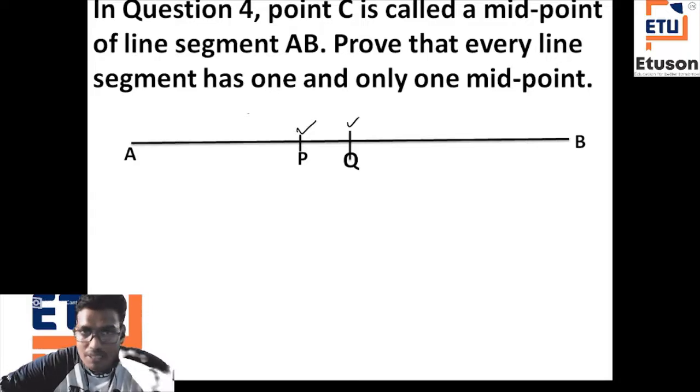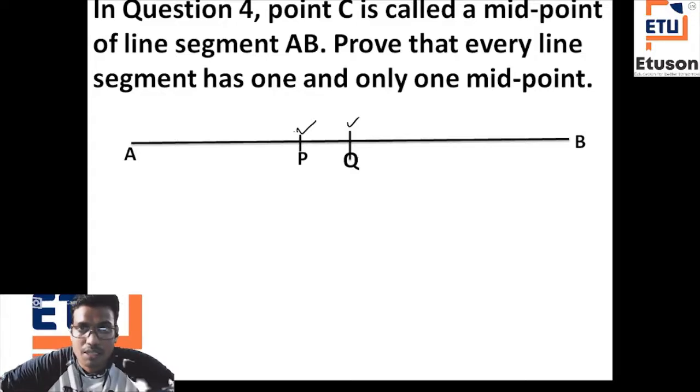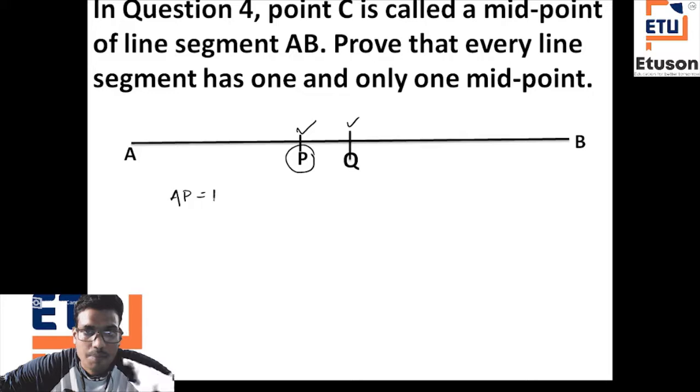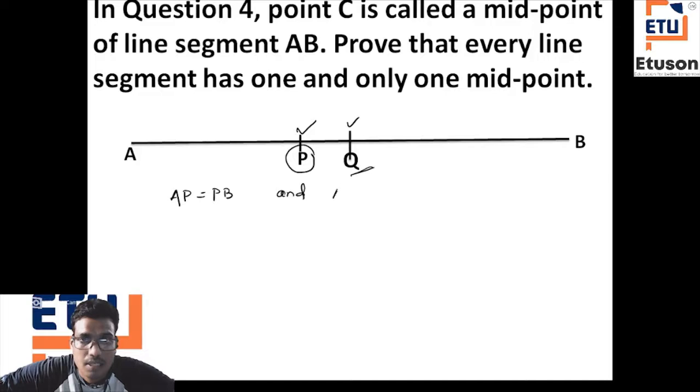Therefore, if P is the midpoint, then AP is equal to PB. And if Q is the midpoint, then AQ is equal to QB.